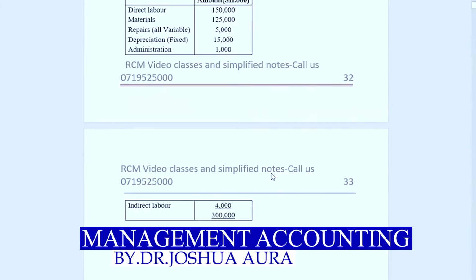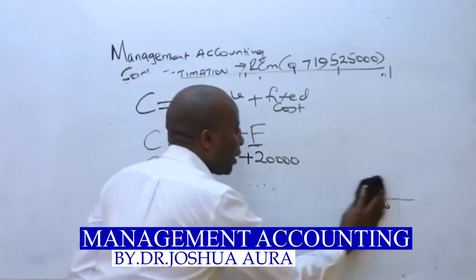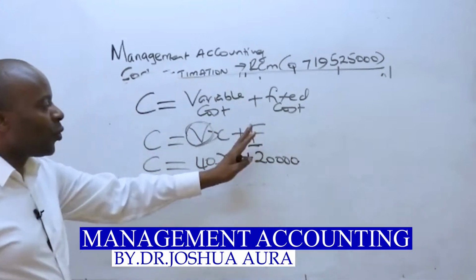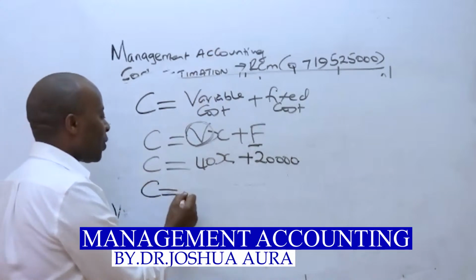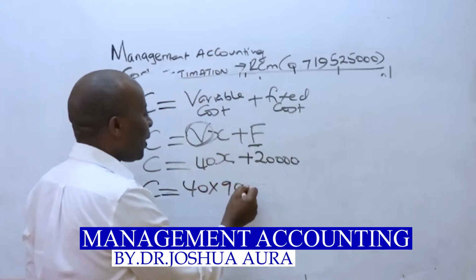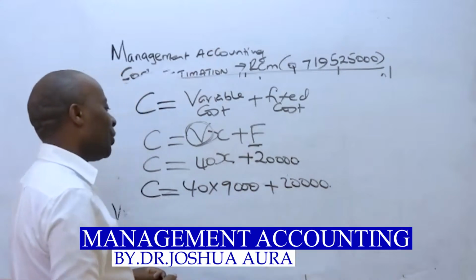They wanted us to use the cost equation that we have to estimate the cost of producing 9,000 units. Remember, please, fixed cost is always independent. So in this case, my C will be 40 times 9,000 plus 20,000.